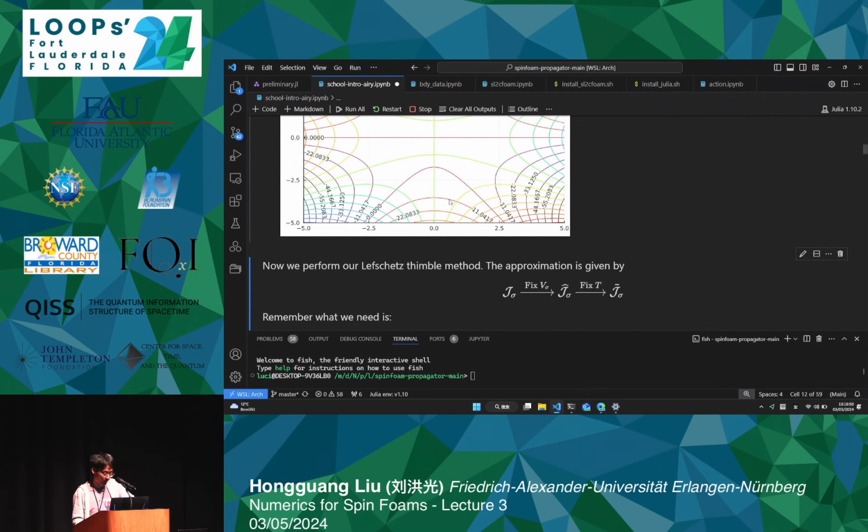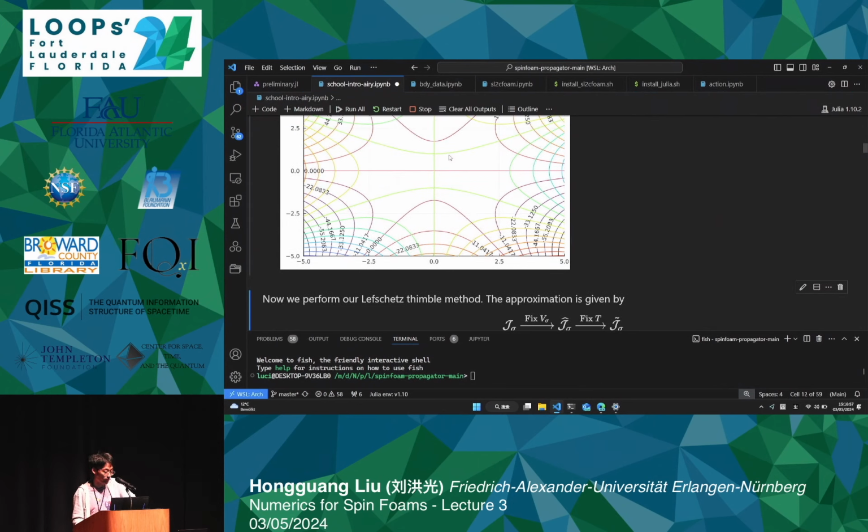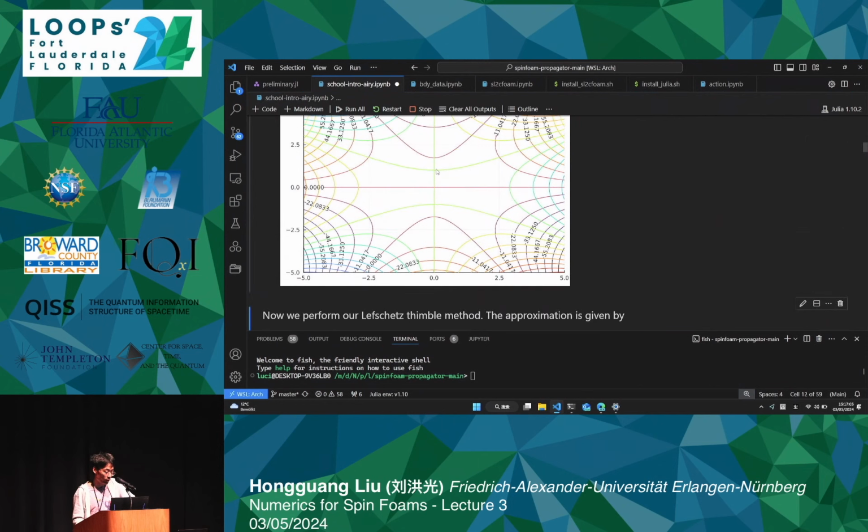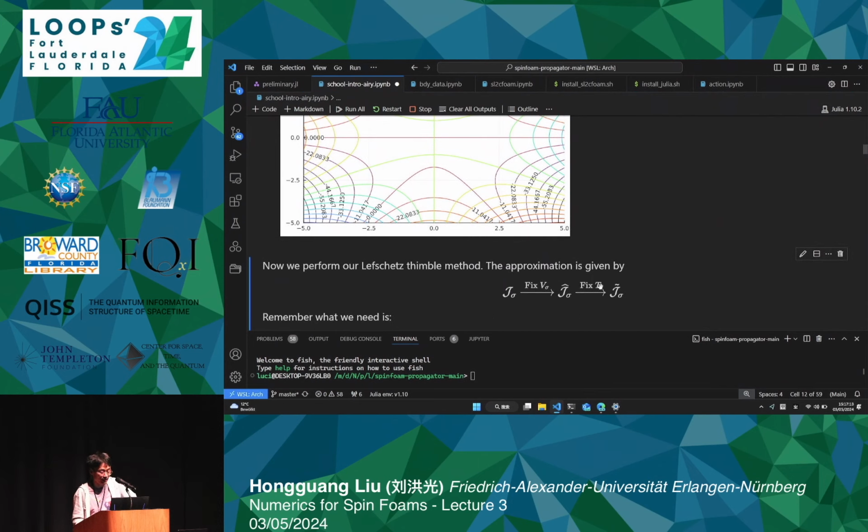This gives our first approximation, and this V sigma is the region around the critical point which we let flow. We have another approximation: if we want to flow to infinity, we need infinite time. Technically, we cannot do infinite time, so we also fix the time t. So these are the two approximations.